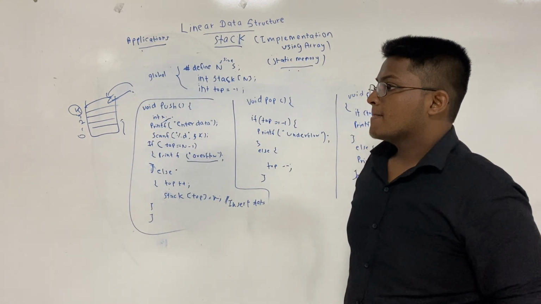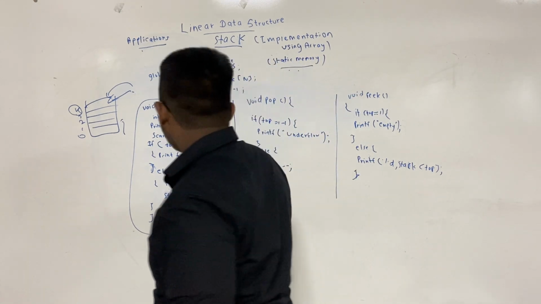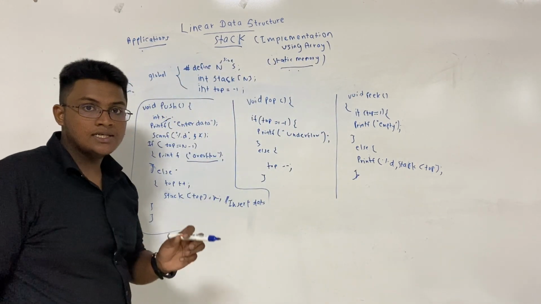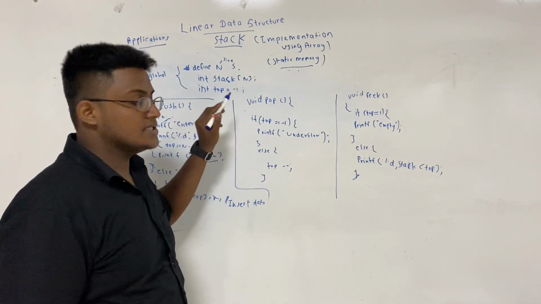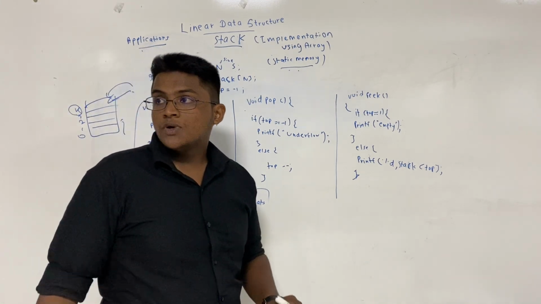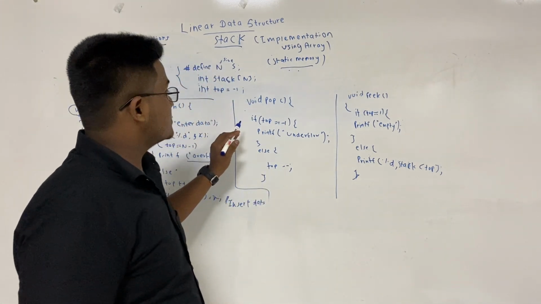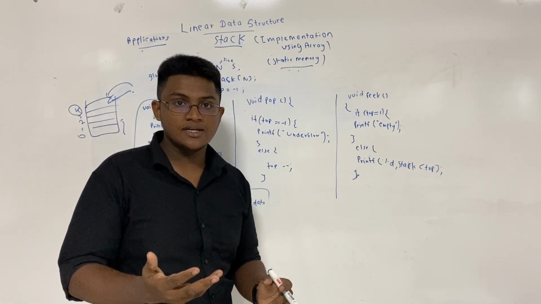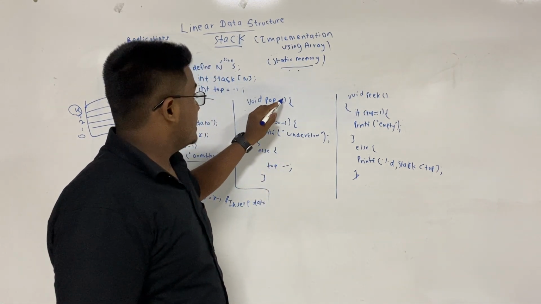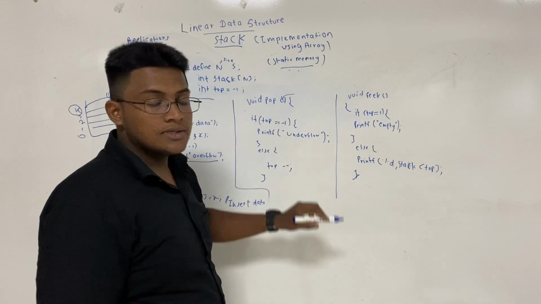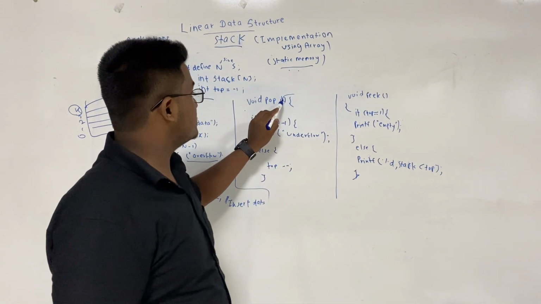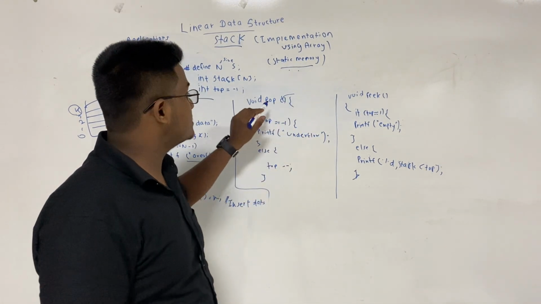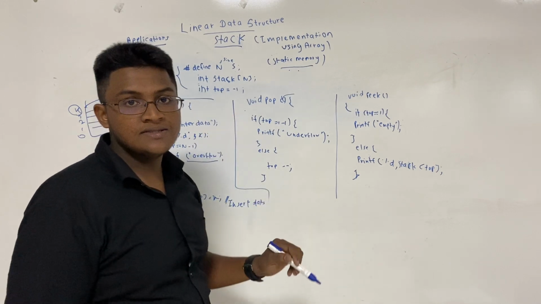Now I am going to teach you the pop operation. What is the pop operation? Pop means the deletion of data. As I told you previously, you don't need to pass an argument here, because the topmost element is selected.